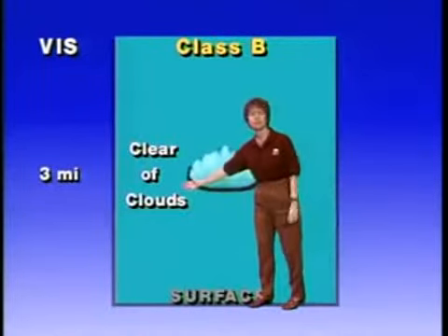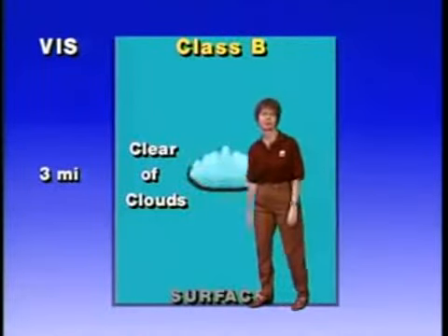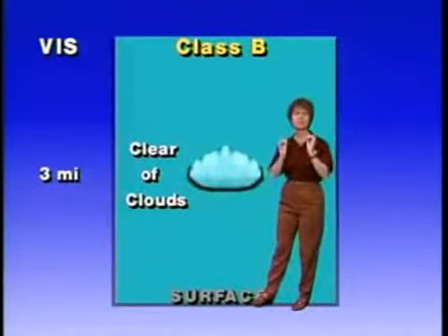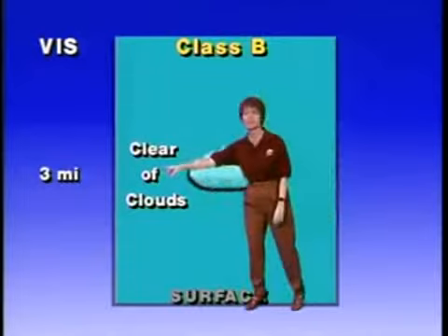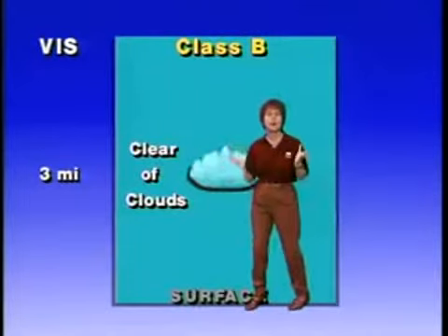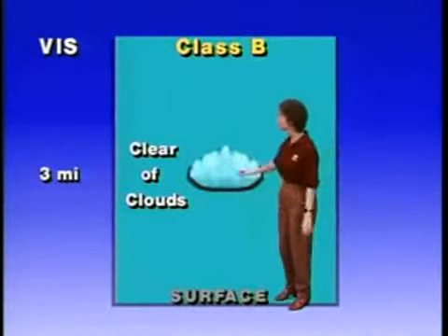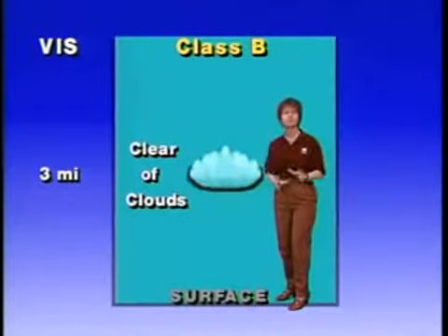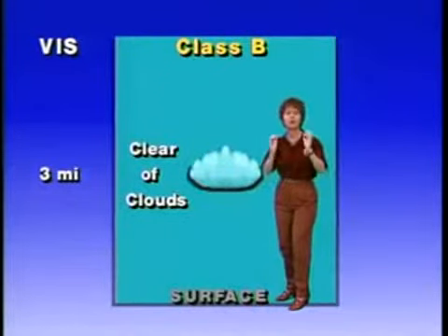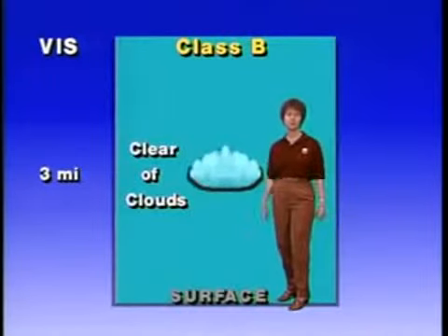All you have to do is operate clear of clouds. So in Class B airspace, you need 3 statute miles visibility, but you do not have to worry about cloud clearance. All you have to do is operate clear of clouds because the controller is separating all of the aircraft from each other.